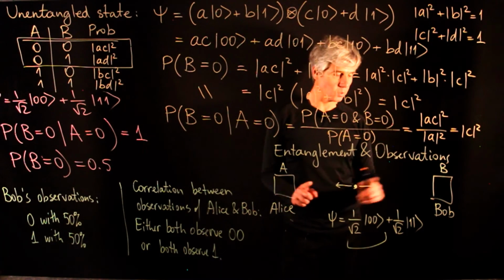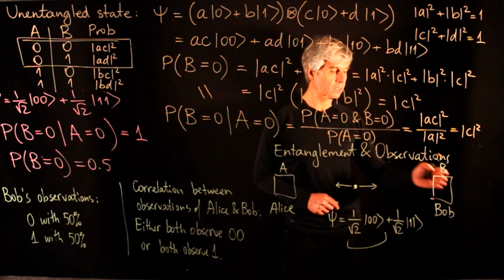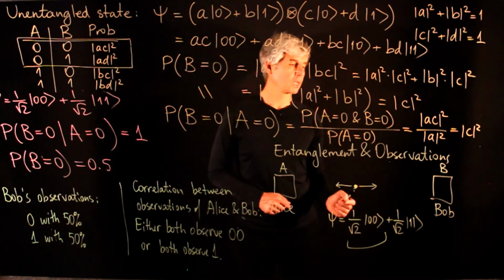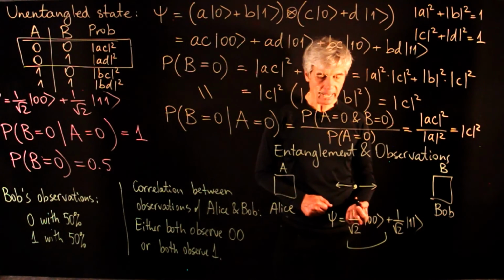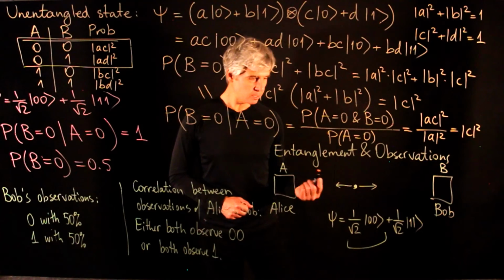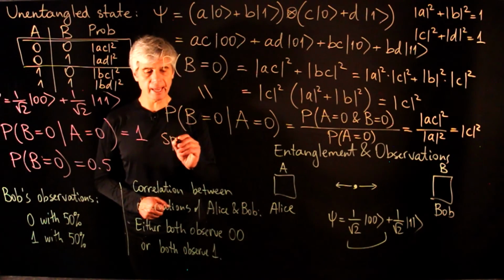It tells us that in Bob's location, Bob is going to register 0 as well. And this is something that Einstein called spooky action at a distance.